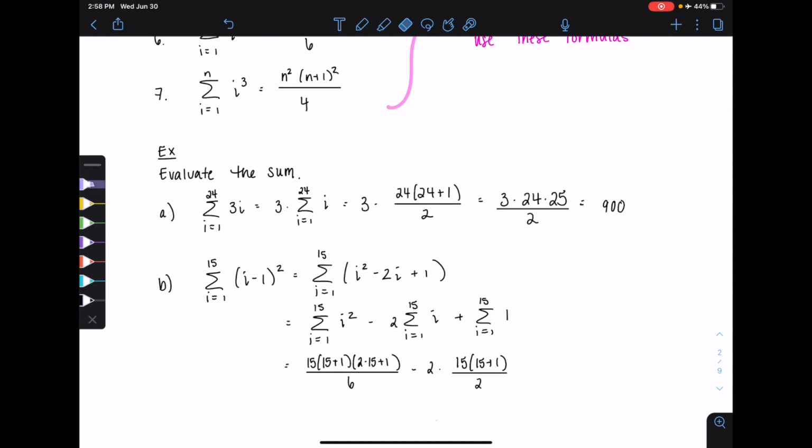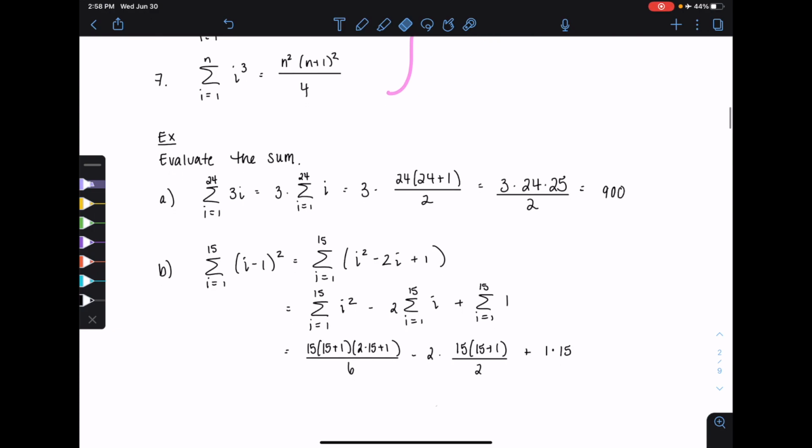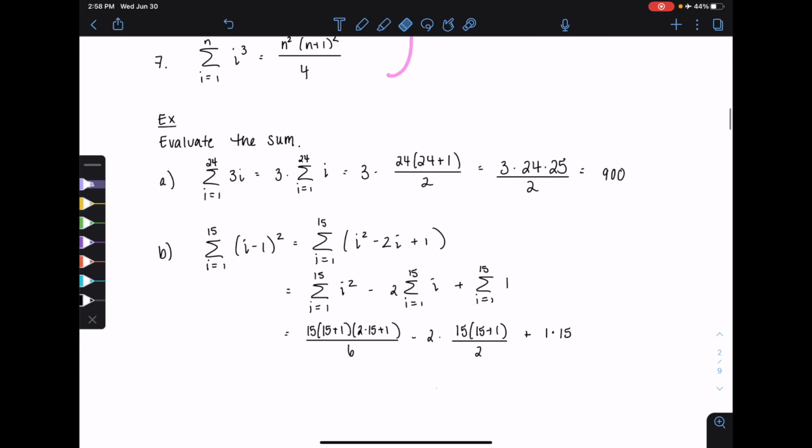And then the last one, I'm summing up 1 from 1 to 15. So that's 1 plus 1 plus 1 plus 1, 15 times. My last summation is 1 times 15. Okay. Now it's just a matter of simplifying. So if you go ahead and do all of that multiplication and addition, 15 plus 1 is 16. 2 times 15 plus 1 is 32.